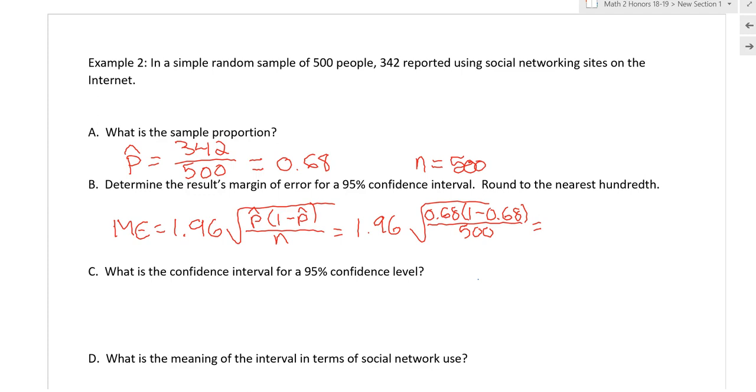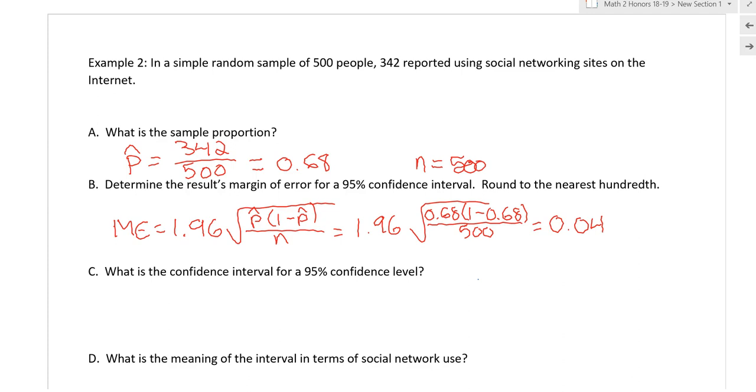And so then, again, we're just typing that in our calculator. And we get about 0.04. To save time, I'm not going to pull it back up, but if you have any questions on what calculator buttons to hit, let me know.